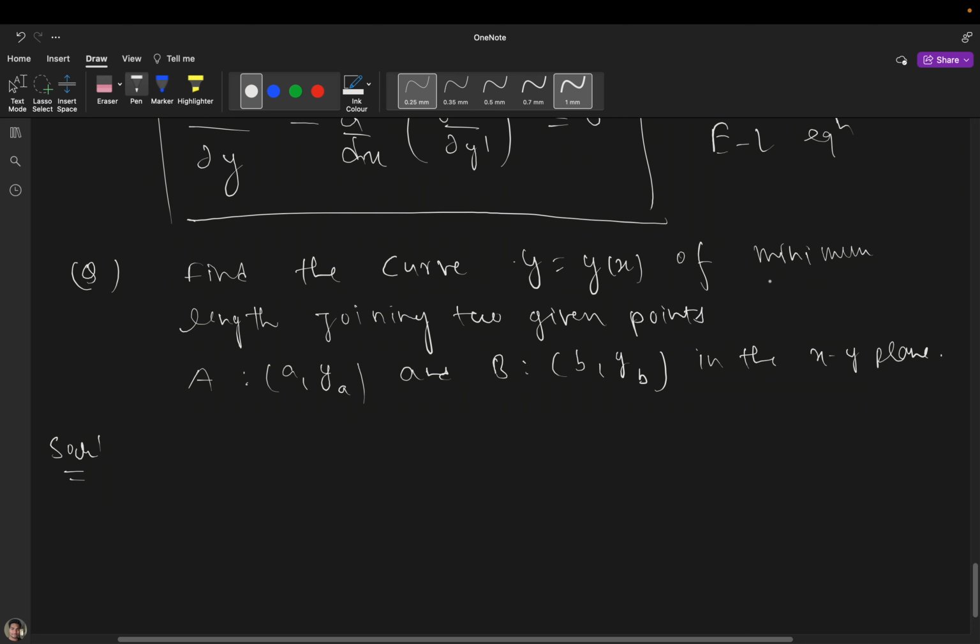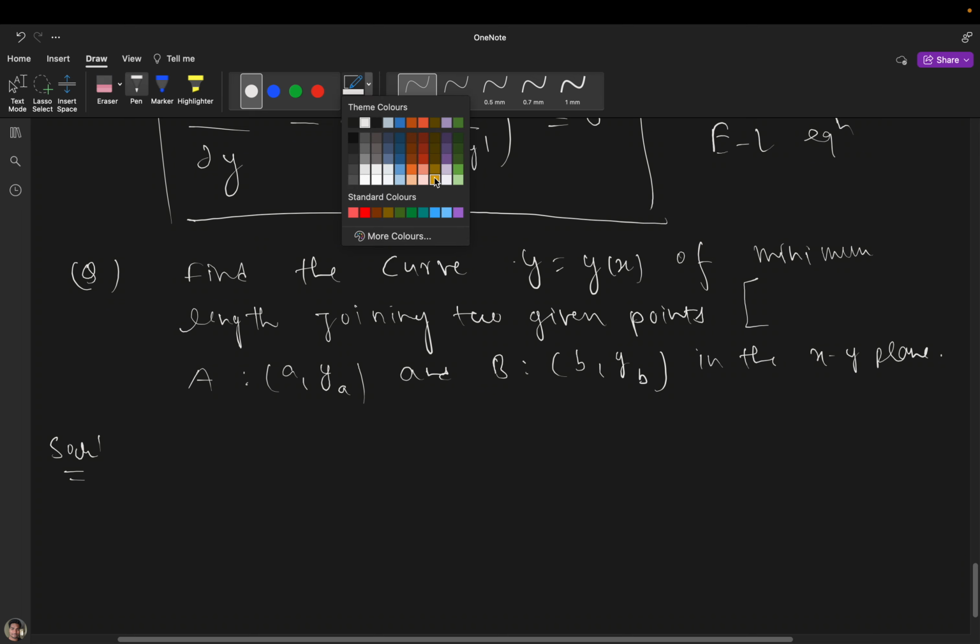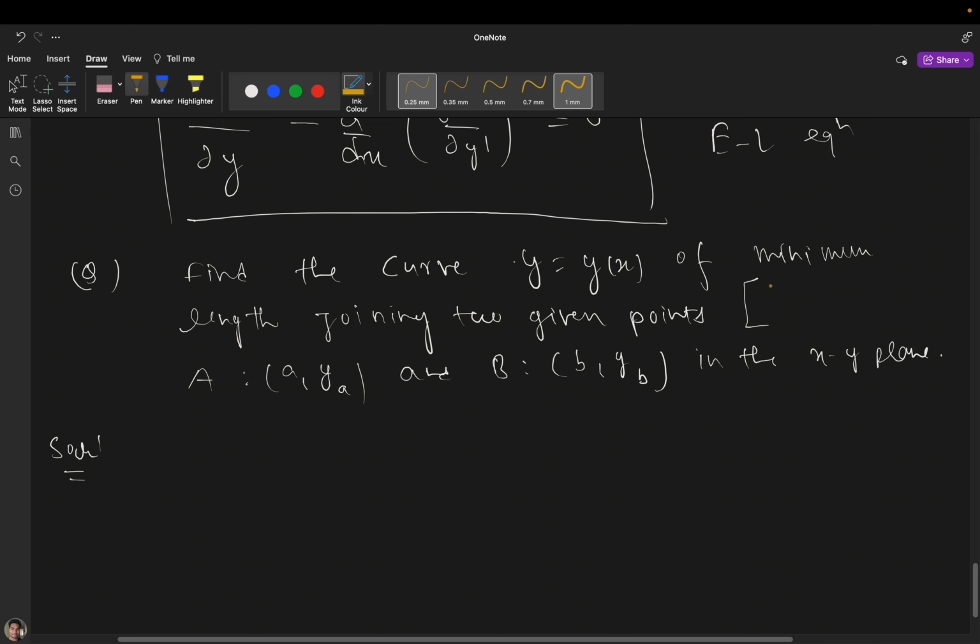This is also a geodesic problem, but a very simplified version. It is the simplest geodesic.